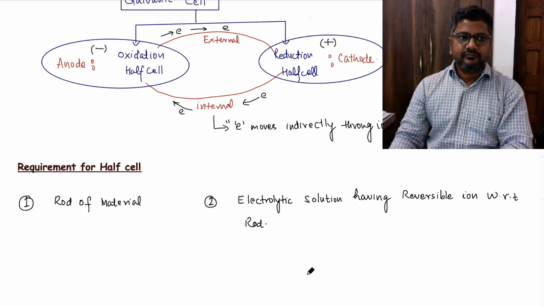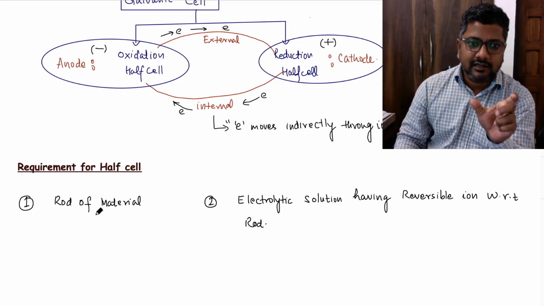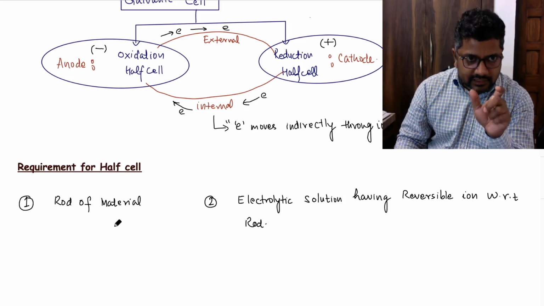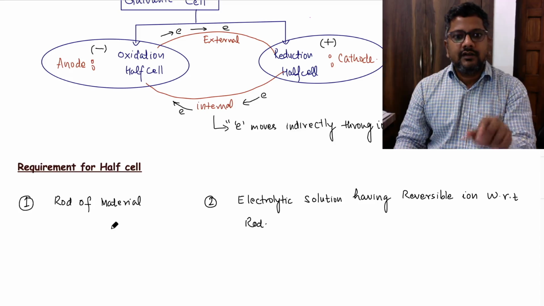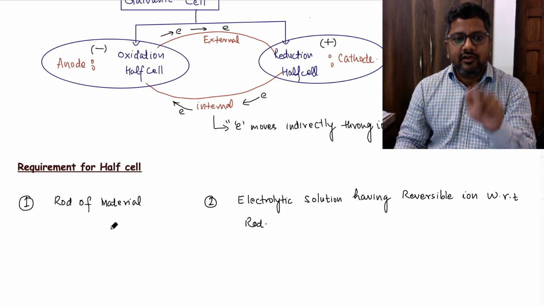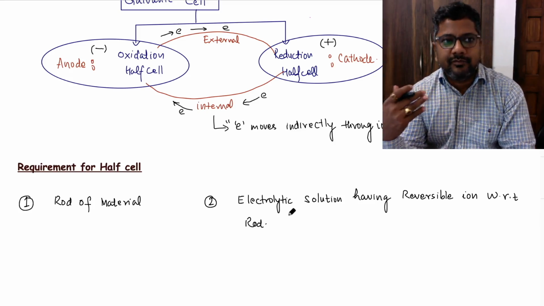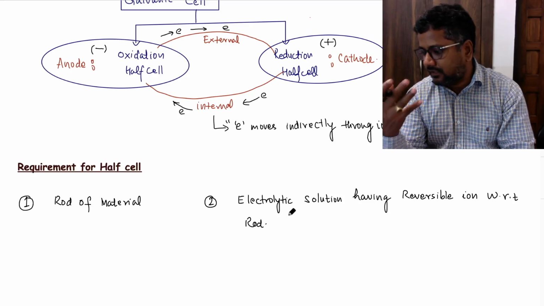So you should have a rod of the material of which you want to prepare the half cell. For example, if you want to prepare the half cell for zinc, then you must have a rod of zinc.